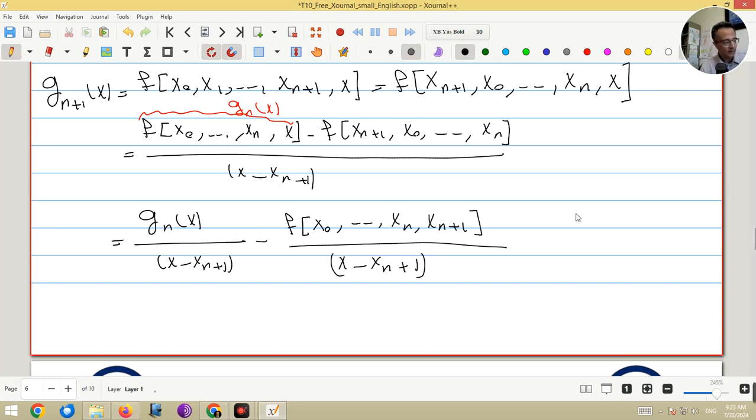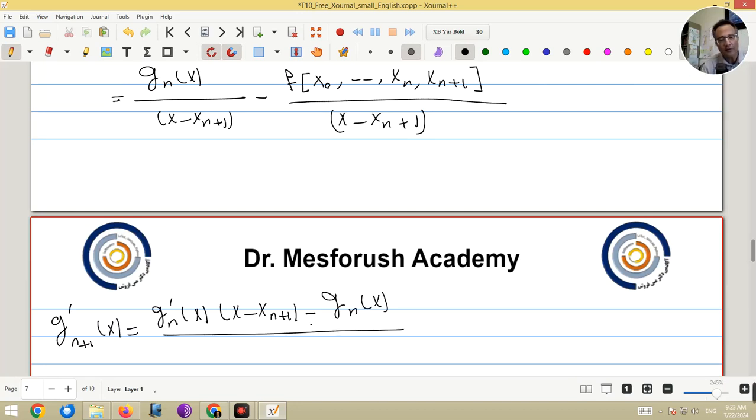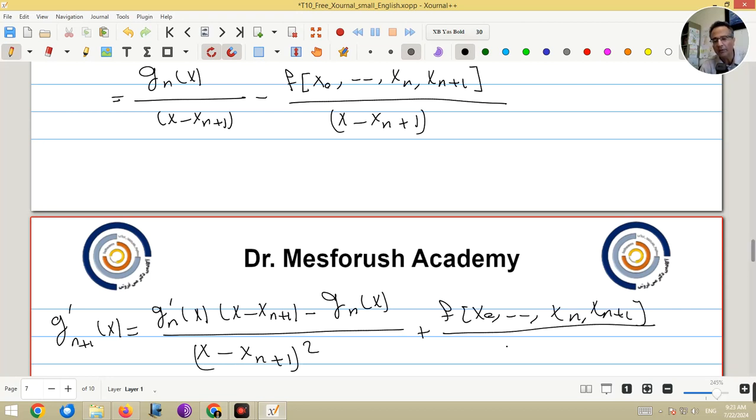This is okay. Now if I compute g'n+1(x), it is equal to g'n(x) times (x minus xn+1) minus gn(x) over (x minus xn+1) squared, and the other one, this is a number, so it will be f[x0, ..., xn, xn+1] over (x minus xn+1) squared.